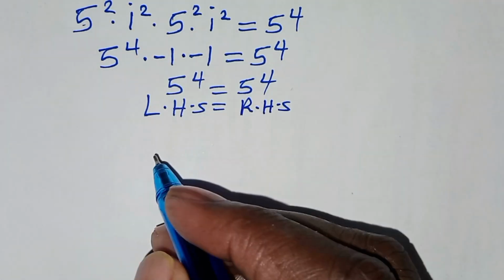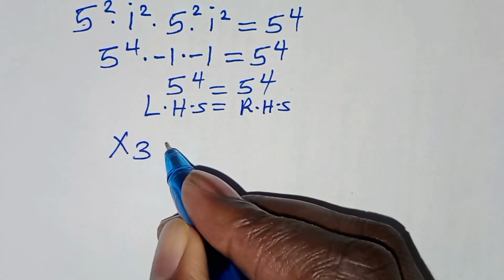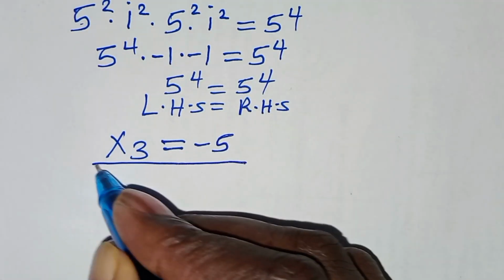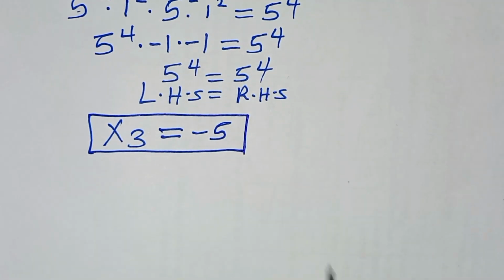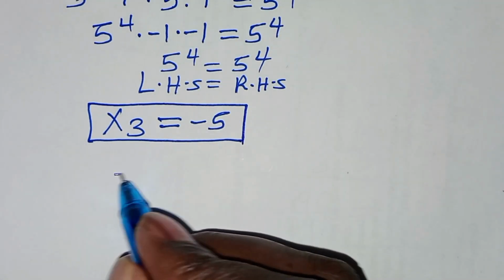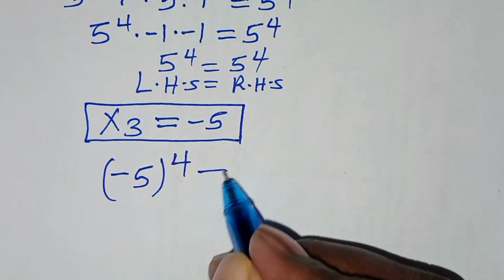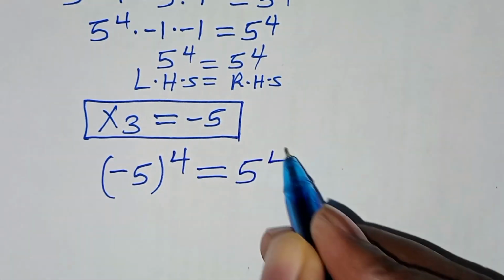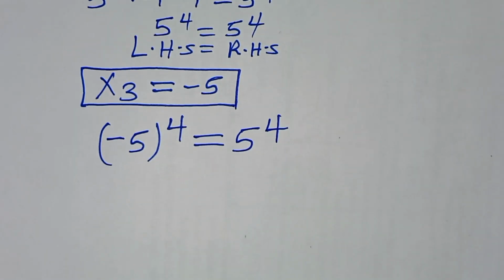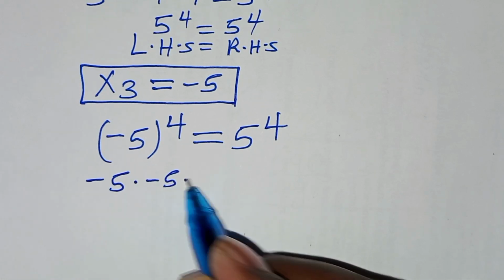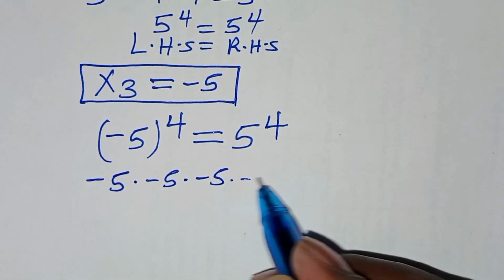So let's check x3. x3 in this case is equal to minus 5. So this implies that we have minus 5 raised to power 4. This should be equal to 5 to power 4. So this is the same thing as minus 5 times minus 5 times minus 5 times minus 5.